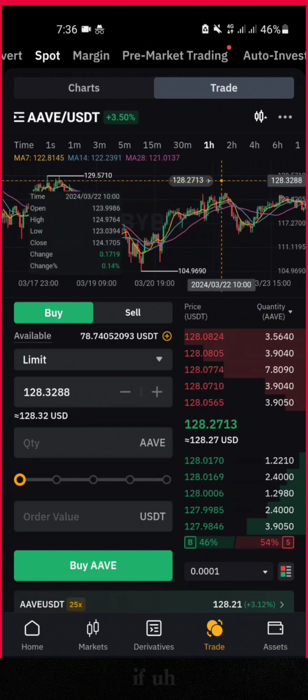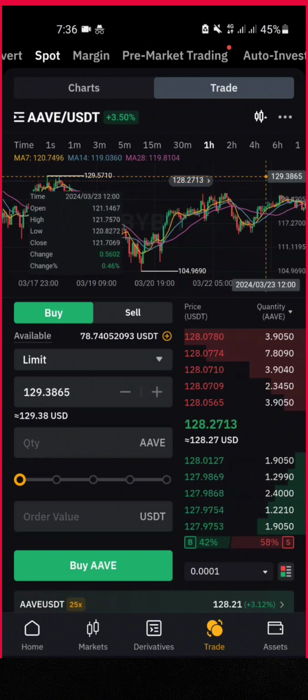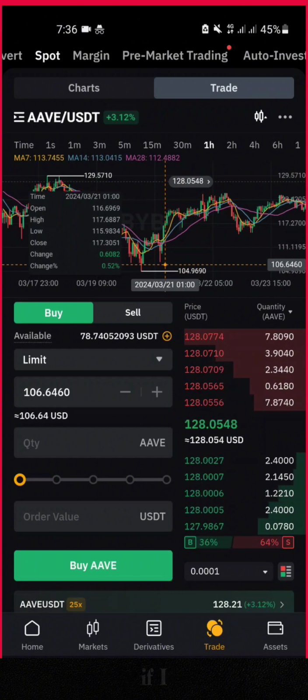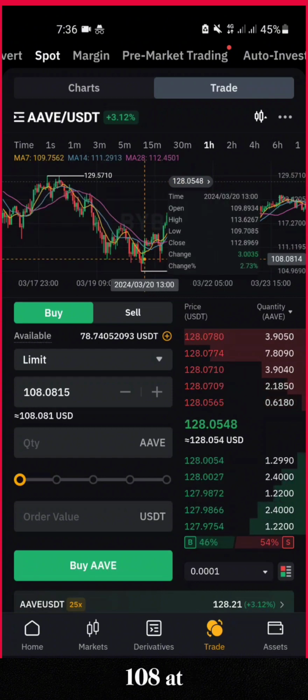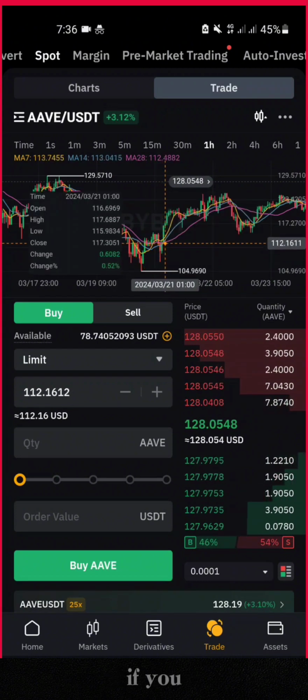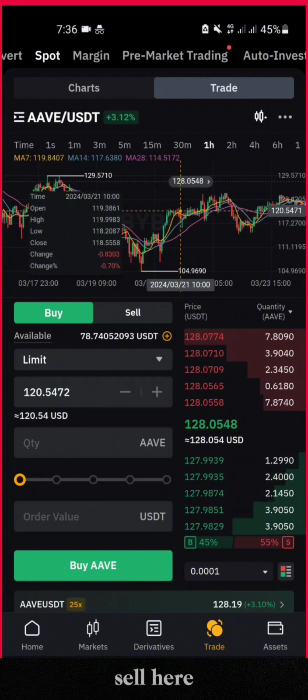Like if the current price of Aave is, let's say, 121, and this low is 100. If the price was 108 at that time, and you buy the coin here and sell here, you will gain $18 profit.